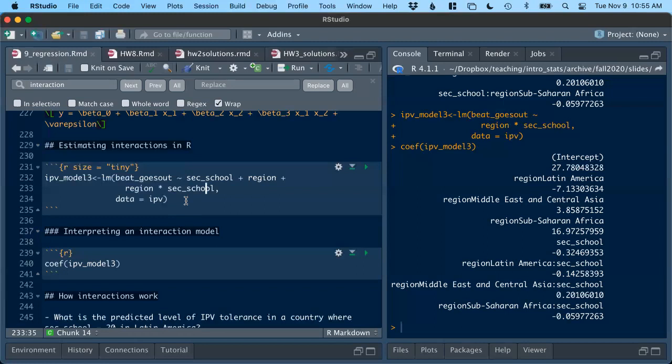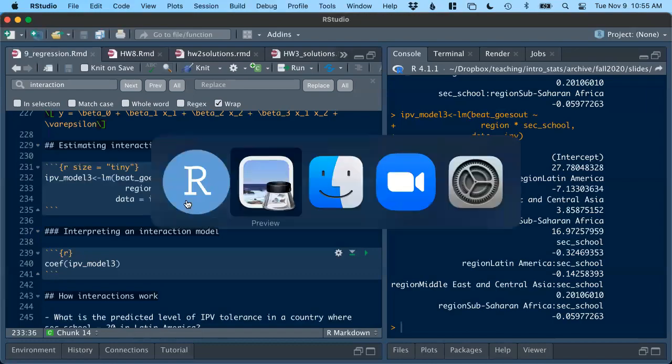The slope for Latin America is lower than the slope for Asia by 0.14. The slope for the Middle East and Central Asia is higher than the slope for Asia by 0.2. The slope for Sub-Saharan Africa is lower than the slope for Asia by 0.05. Now, that's all really technical and difficult to understand, right? That stinks. So let's look at it this way.